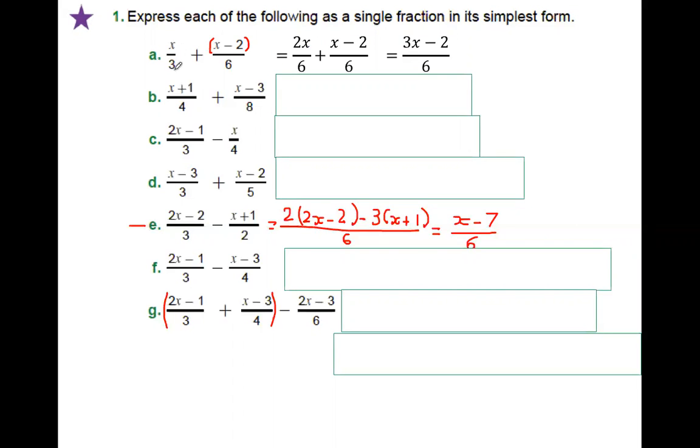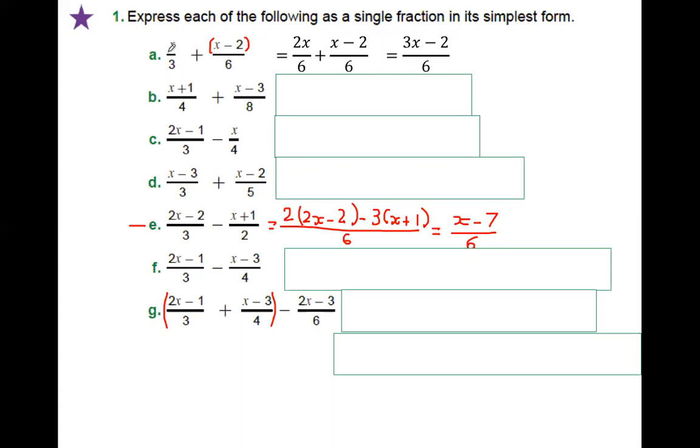So here, the way I've used it is to find the highest common multiple, which is over 6. 3x minus 2 divided by 6 is your answer.